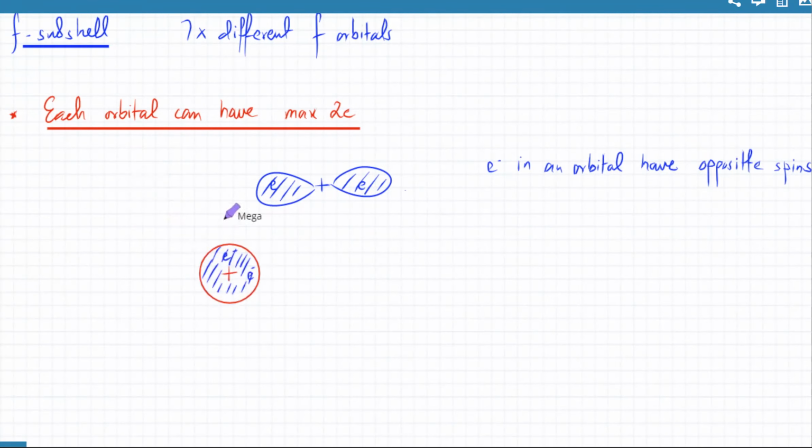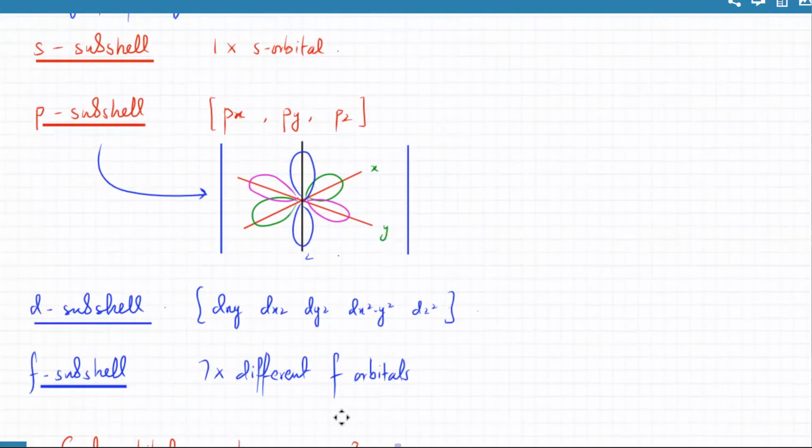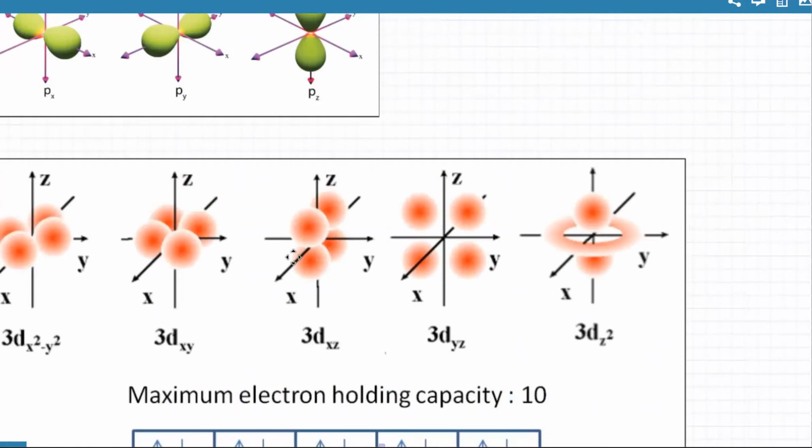Sir, तो like अगर s orbital में 2 electrons, तो p में let's suppose हमारे पास 6 electrons, तो इस तरह से multiply by 2 करेंगे जितने orbitals होंगे. p subshell में 6 होंगे. कोई भी ऑर्बिटल होगा ना उसके अंदर 2 इलेक्ट्रॉन्स होंगे. जैसे डी ऑर्बिटल है, इसके अंदर मैक्सिमम 2 इलेक्ट्रॉन्स होंगे.